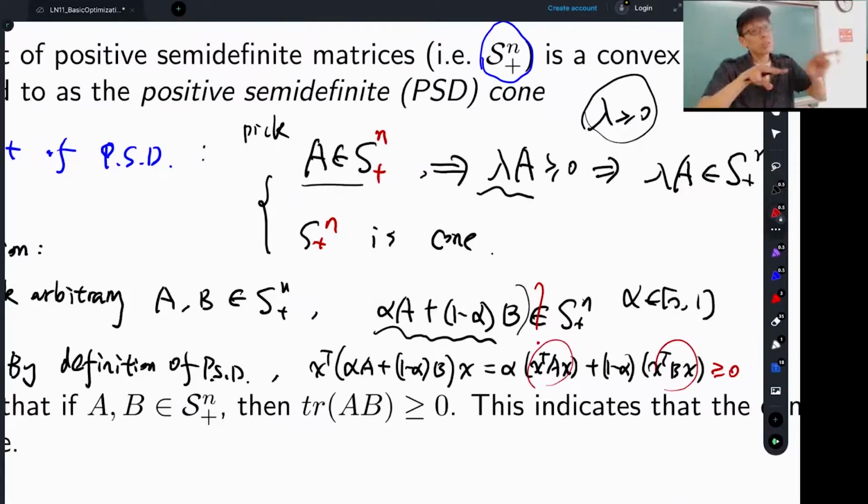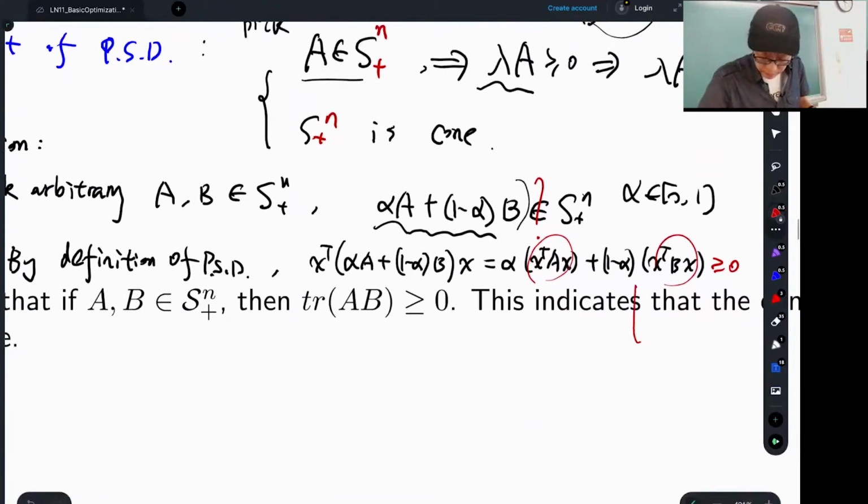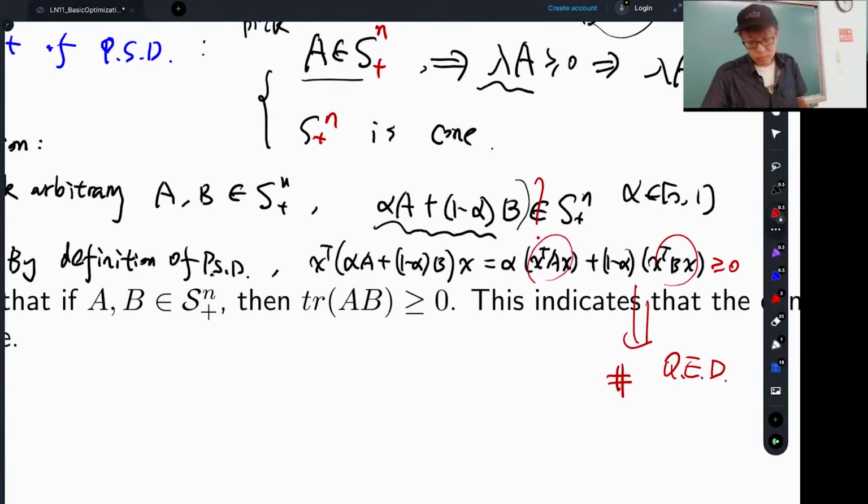You have two non-negative things summed together, so it's always bigger or equal to 0. So that's true, and we prove it. What we typically write is QED, or some kind of sharp.